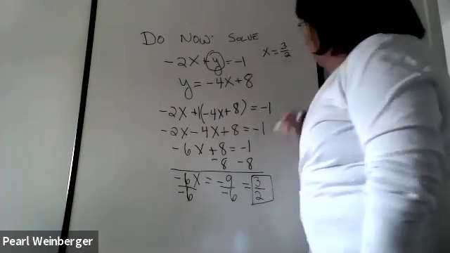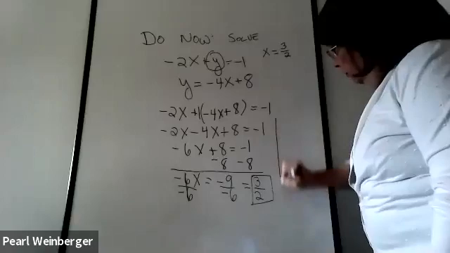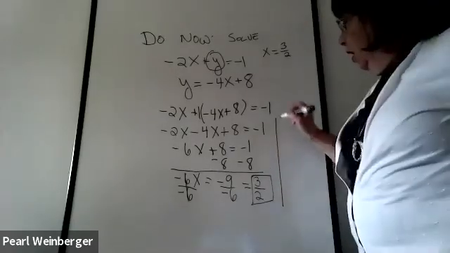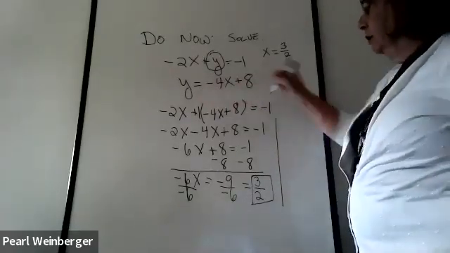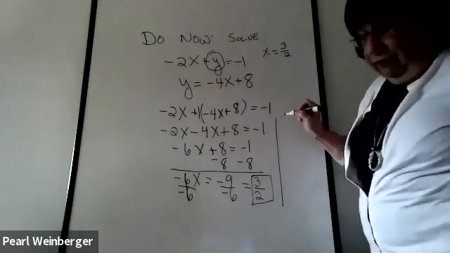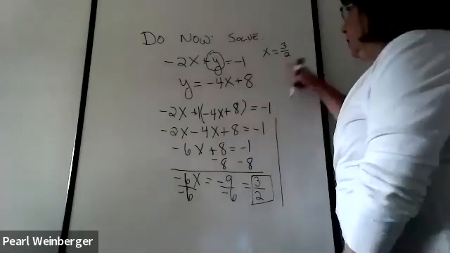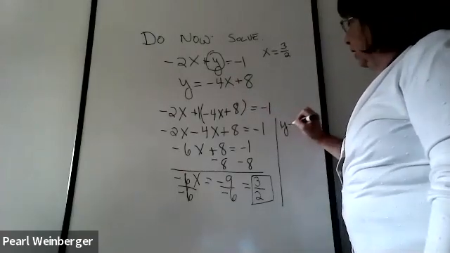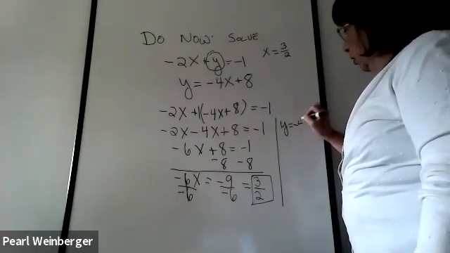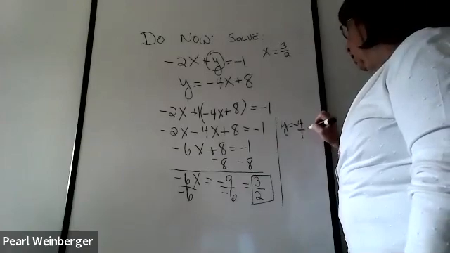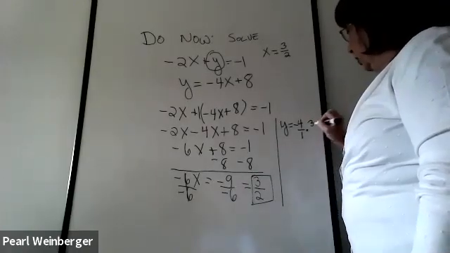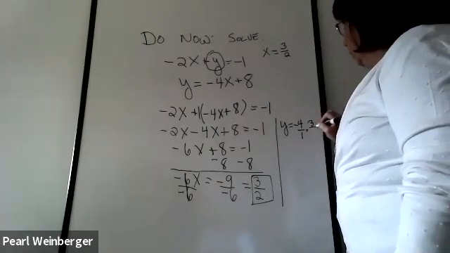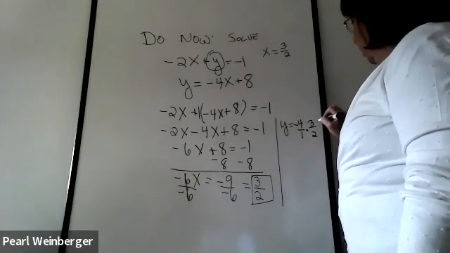How do we figure out what the y is? Well, let's go over here. My y, I know, is negative 4x plus 8. So I'm going to replace the x with 3/2. That'll give me y equals negative 4, which I'll put over 1 because I'm going to be multiplying it by a fraction, times 3 halves plus 8.